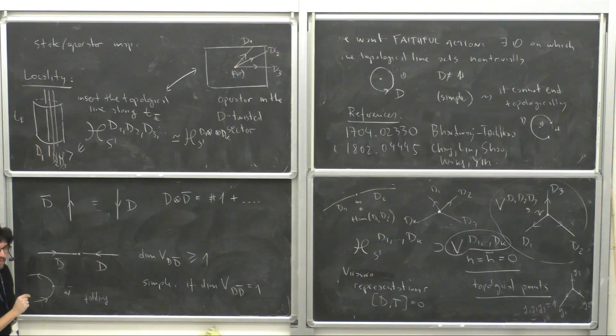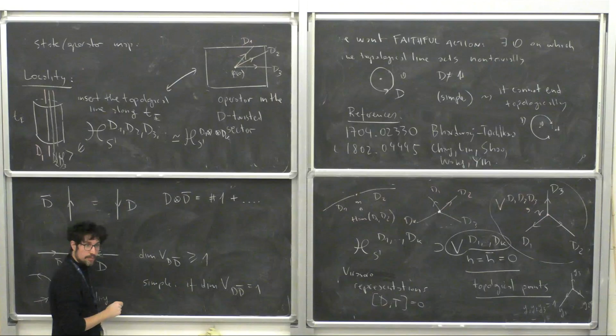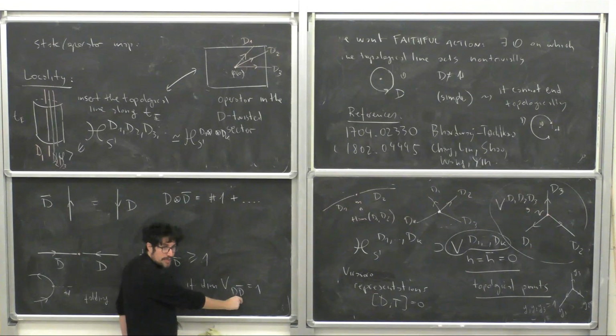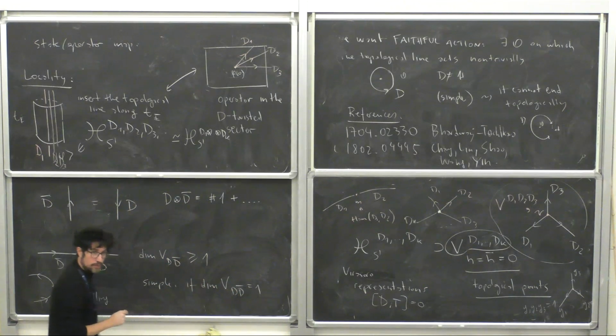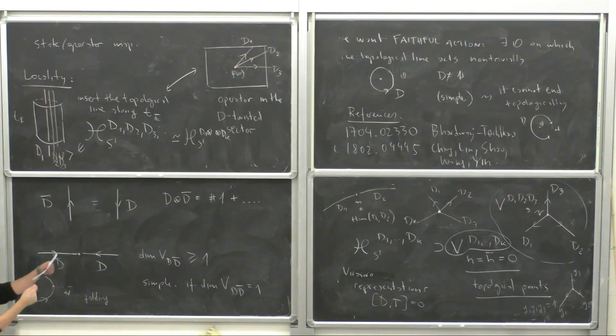There is always a topological operator where this happens, but there can be more. And if there is only one, then we say that the operator is simple. Otherwise, there are more ways D can end on D bar, let's say.